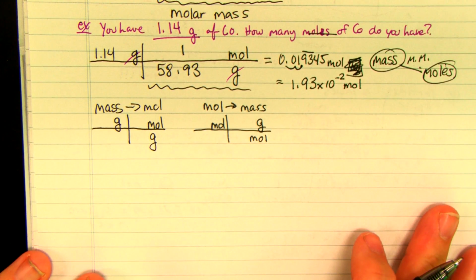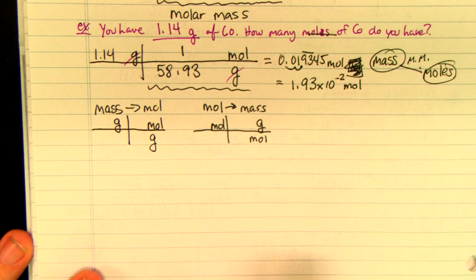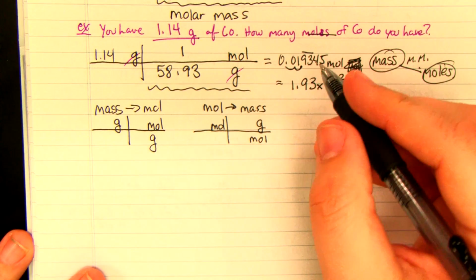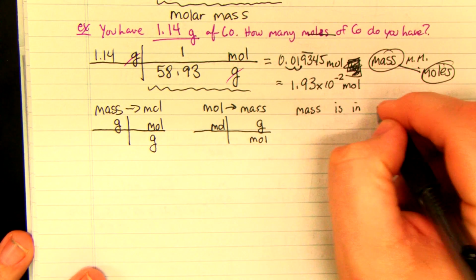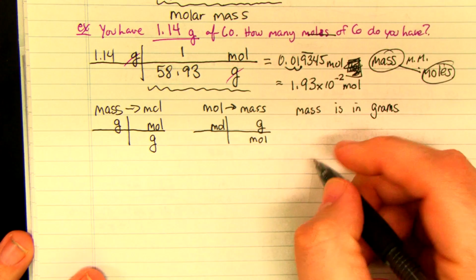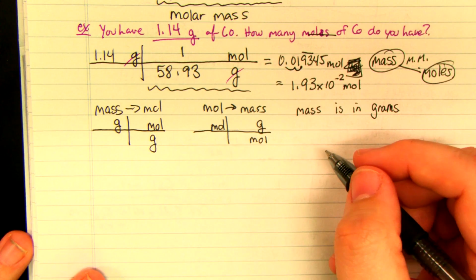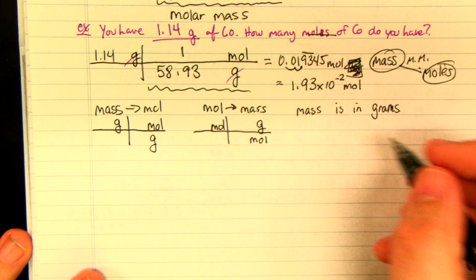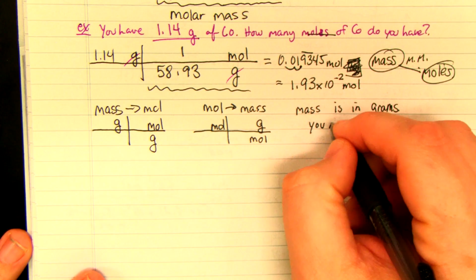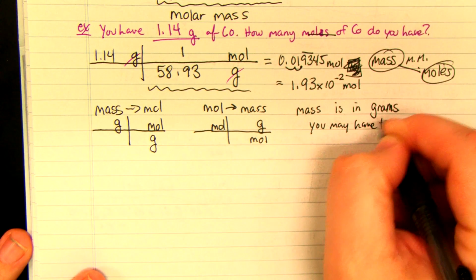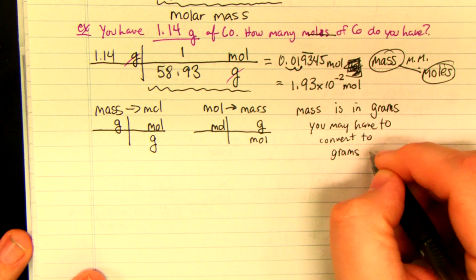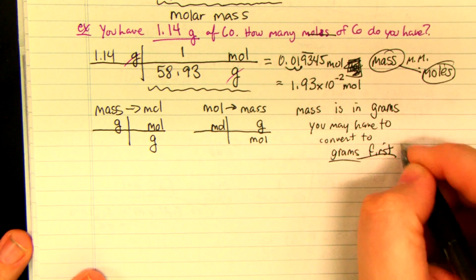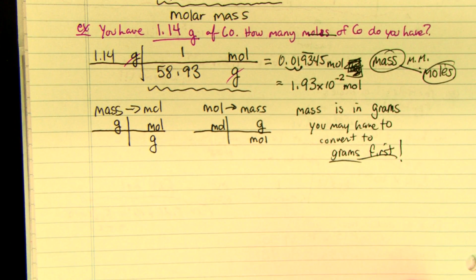Now, here's the big catch. Mass is in grams. So if you're in kilograms, or if you're in milligrams, you have to convert that to grams first, because molar mass is in grams.